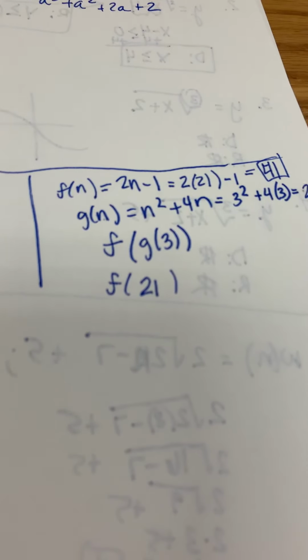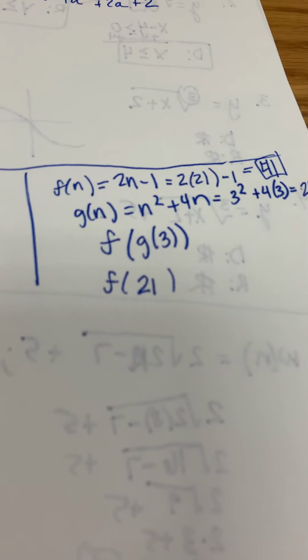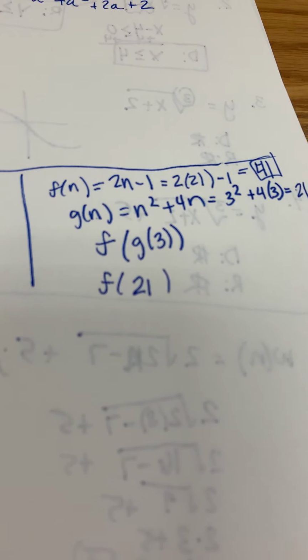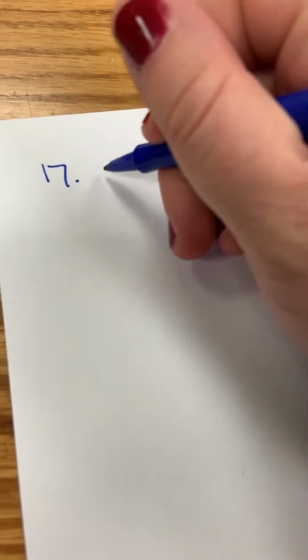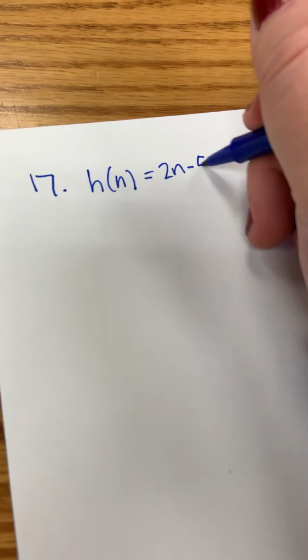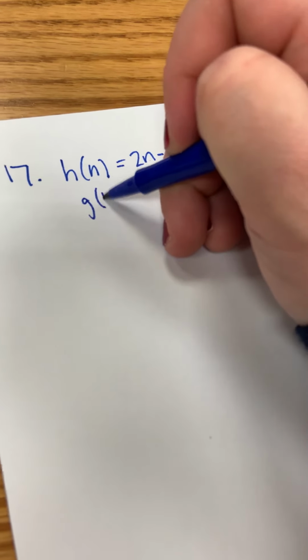Okay, the last section that I wanted to talk about is if you didn't have a variable, if you didn't have a number to plug in. So we're going to look at the composition function for number 17. It works the same way as what we just did, but you're going to notice there's no number to plug in, so we're going to be plugging in expressions.